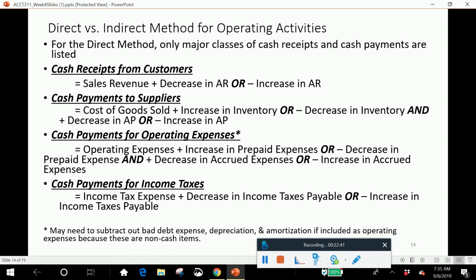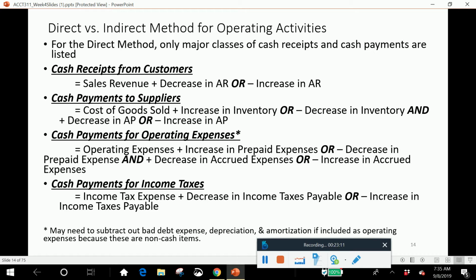This is assuming essentially that all changes in accounts payable are related to buying goods for resale, which is why we're putting it into the cash payments to suppliers. Right? It's possible that some of the activity that's in AP is for other purposes, but for our class, we're just going to assume it all relates to buying supplies and goods from suppliers.